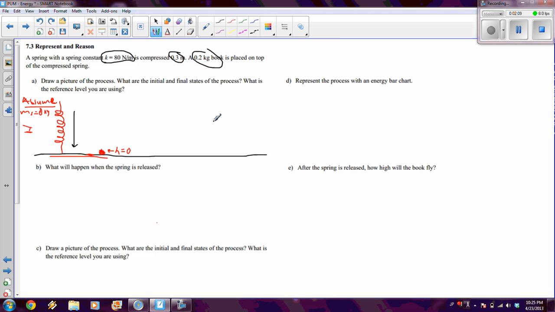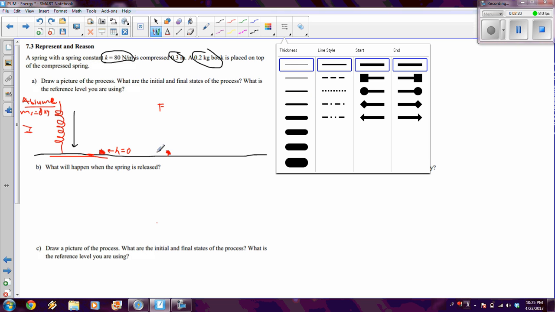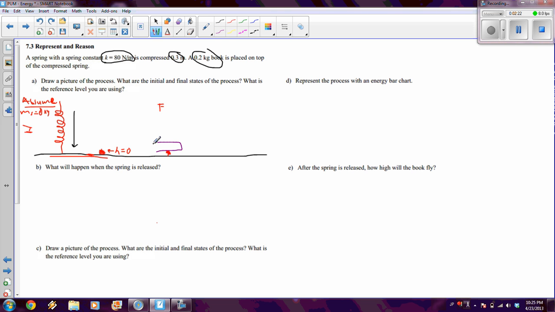And then in our final state, we are just going to have this compressed spring here, and we are going to have a book placed on top of this spring. And again, the height of this book is going to start out as 0 meters.